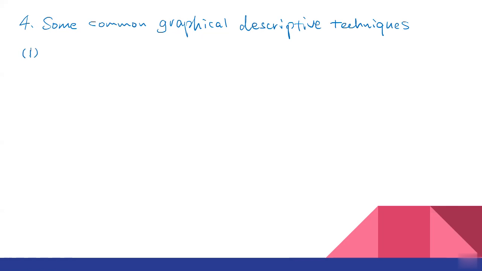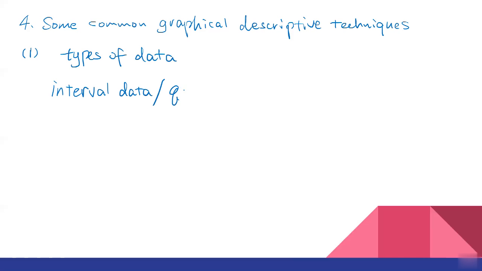Okay. Before we study different types of charts, first, you should be able to tell different types of data. Basically speaking, there are two types of data. One is called interval data, or sometimes we call it quantitative data or numerical data.